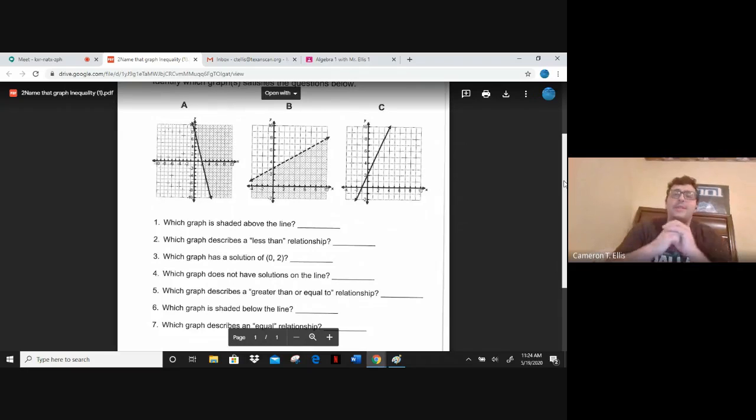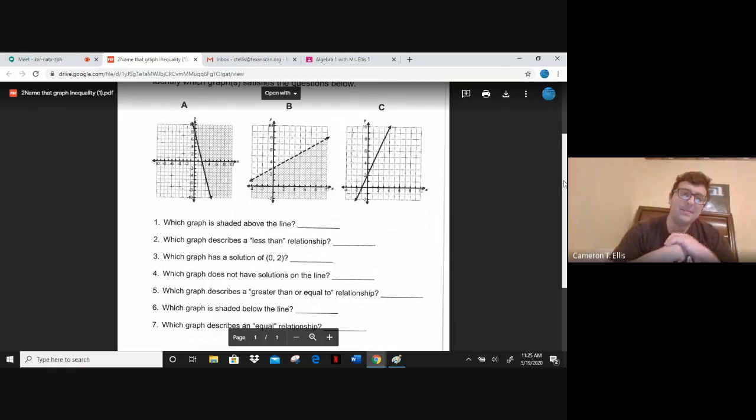So which graph describes a less than relationship, okay? So when I think of less than, guys, in a graph, I'm thinking of having a shaded portion below my line. And if it's just less than and not less than or equal to, the line has to be a dotted line, okay?